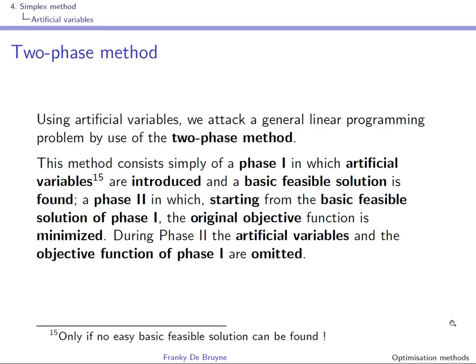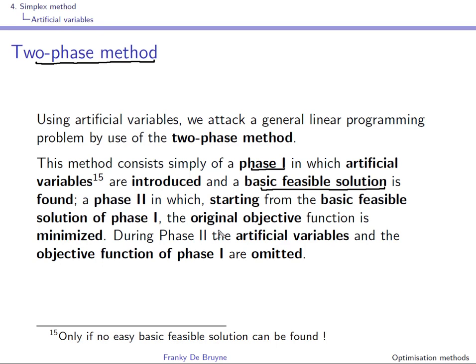So when it's not easy to find a basic feasible solution, we use the two-phase method, right? In phase 1, we construct the artificial problem and we solve it, and this will lead to a basic feasible solution for the original problem.